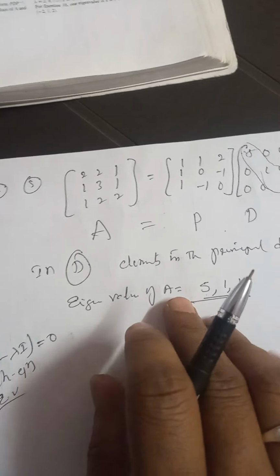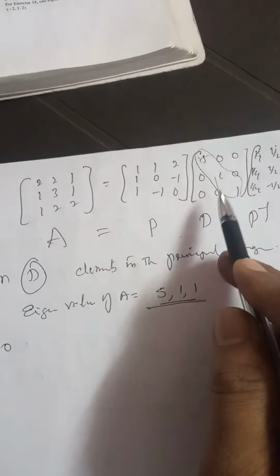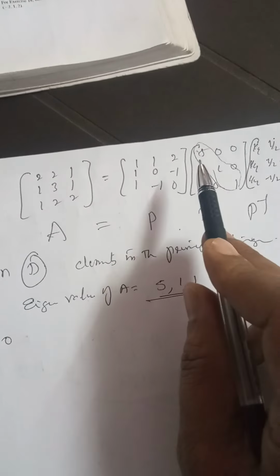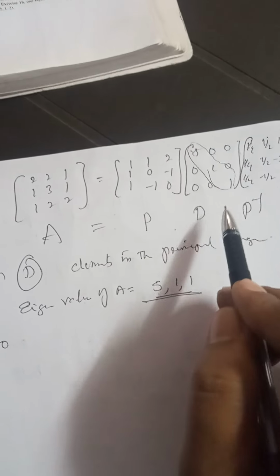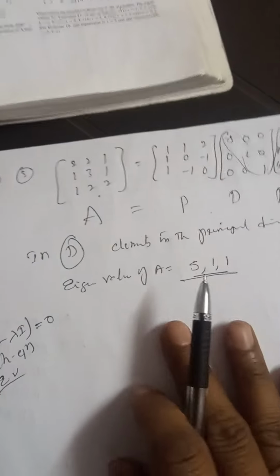But now, here in diagonalization problems, P is an invertible matrix, D is the diagonal matrix whose principal diagonal entries are nothing but the eigenvalues of A. Remember this one. Eigenvalues we got.